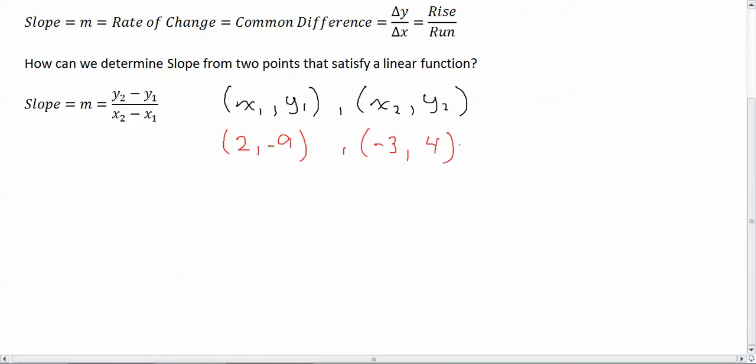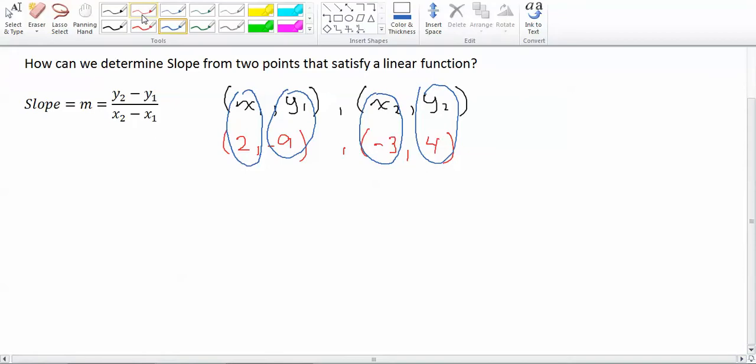So let's take a look. I'm going to just match these up. So for instance, my x1, I'm going to think of as 2. My y1, I think of as negative 9. My x2, I think of as negative 3. And my y2, I think of as 4.